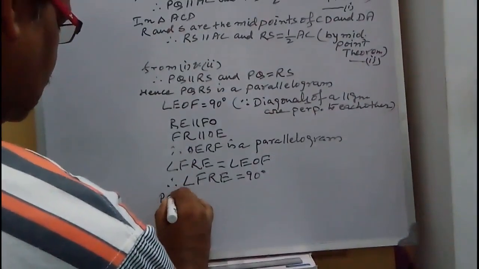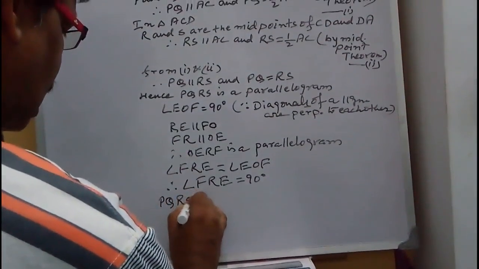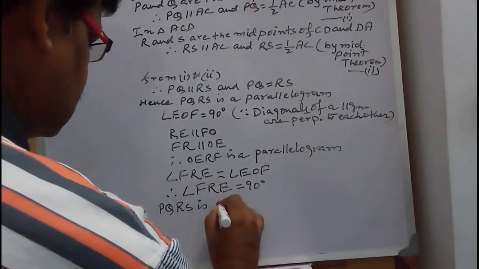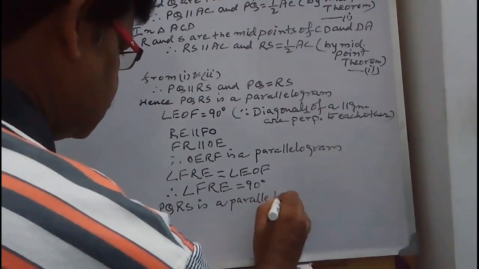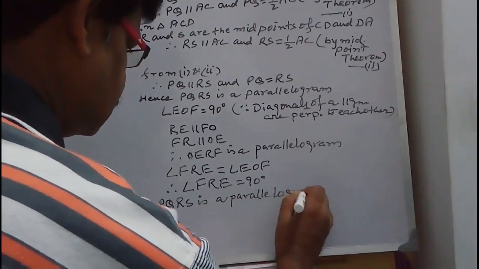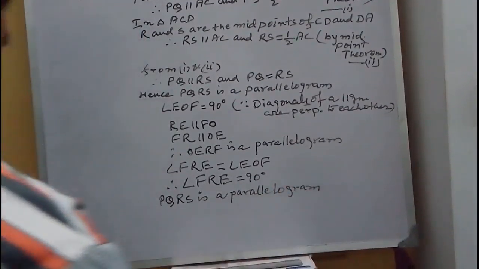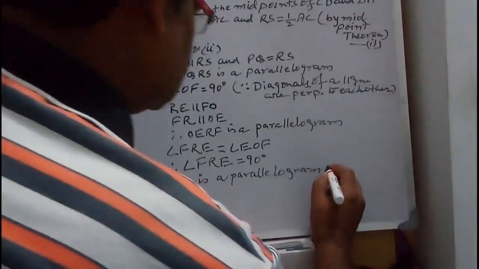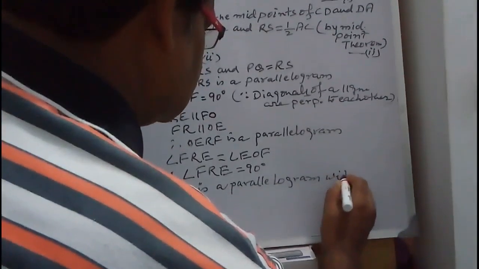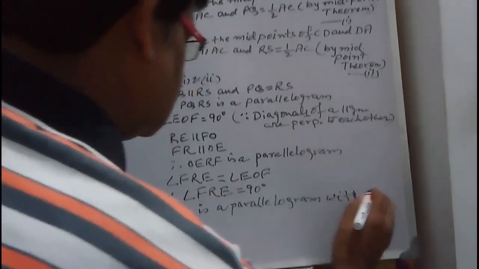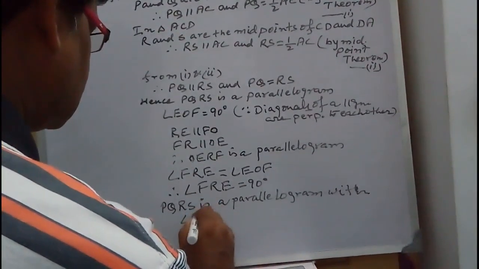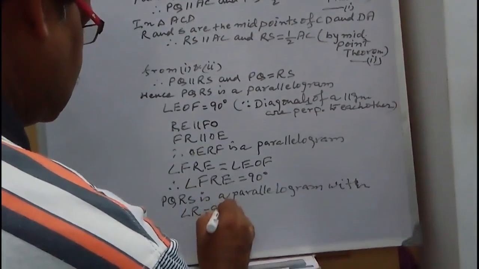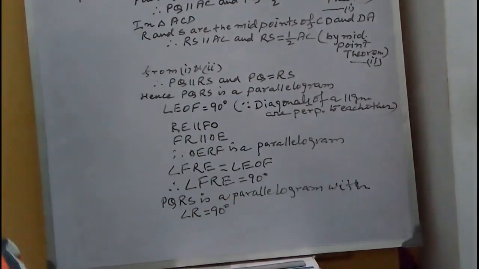So PQRS is a parallelogram with one angle, that is R, equal to 90 degrees.